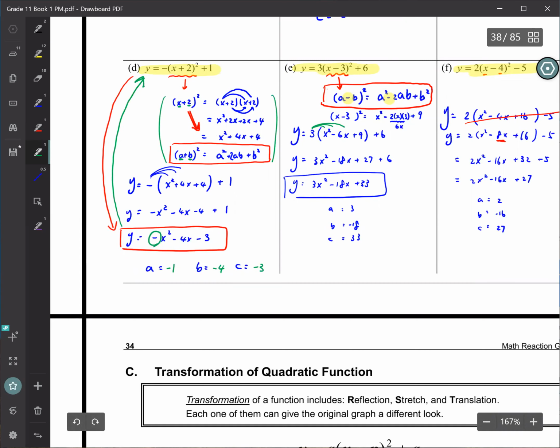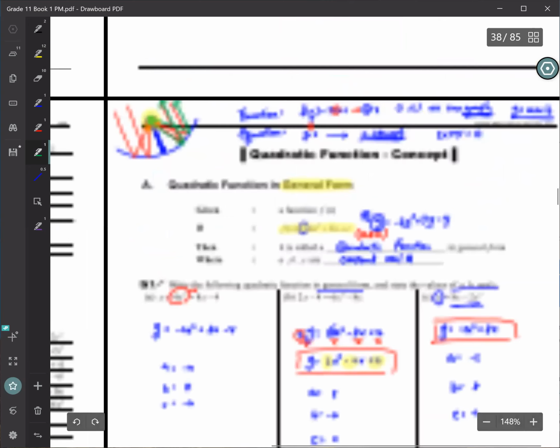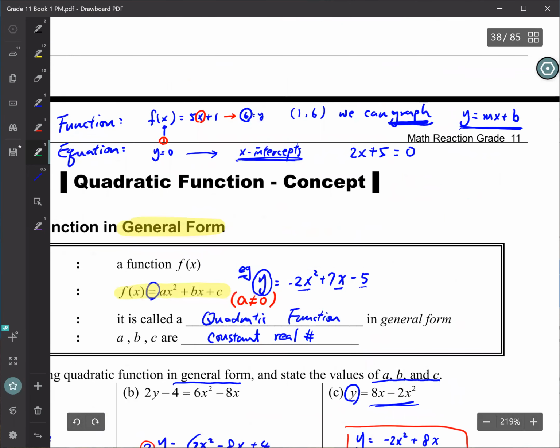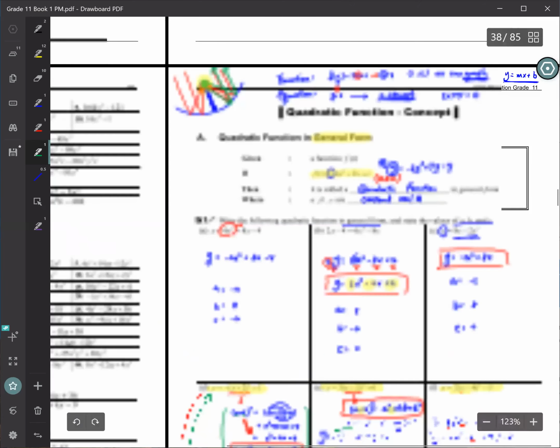The reason why we want to do that is the standard form is kind of like the linear function, the slope-intercept form. It has more meaning to it. It can help us to graph the parabola faster, instead of making a table of values.